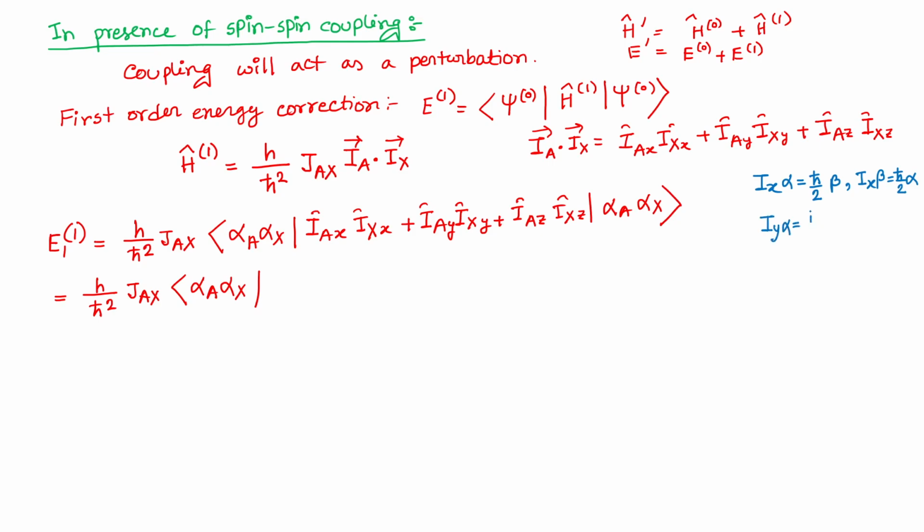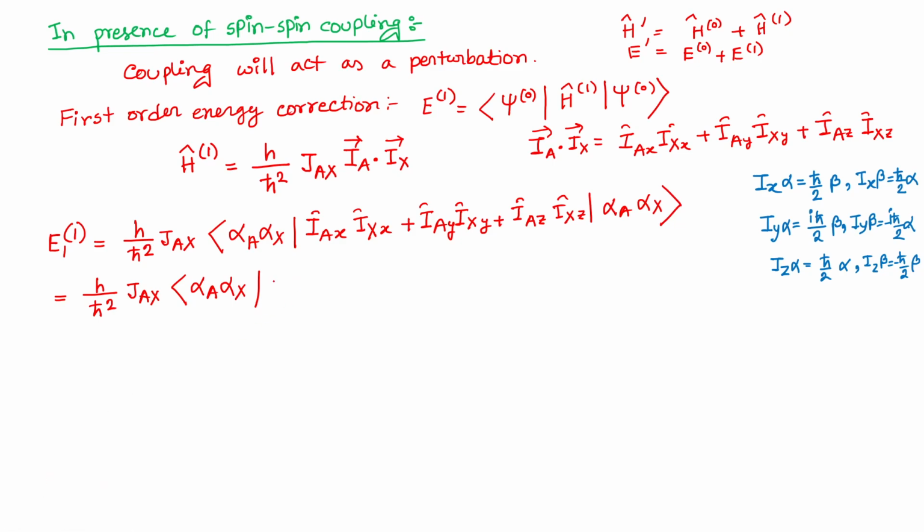I_y on alpha is going to give you i h cross by 2 beta, I_y on beta gives minus i h cross by 2 alpha. I_z on alpha gives h cut by 2 alpha, the only eigenvalue equation, and along with I_z on beta, that is going to give you minus h cut by 2 beta, giving back your beta.